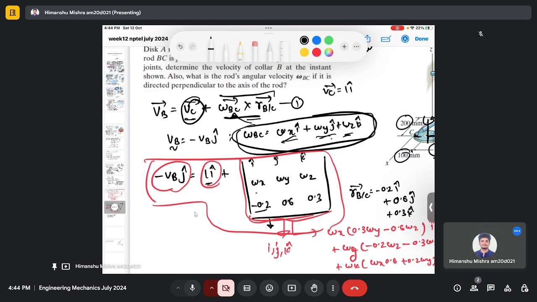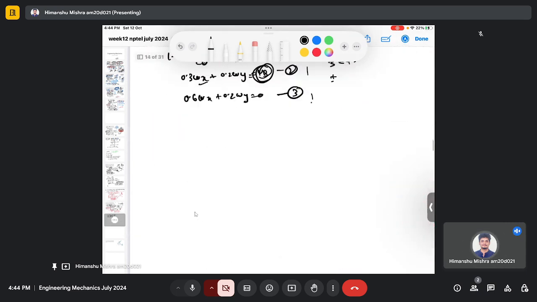So what we can do is use a vector property here. Here you can see that omega BC is having a cross product with R BC, the position vector B with respect to C. So this quantity has a cross product with this quantity, and it is non-zero, right? Which means these two are not parallel to each other, because if they were parallel, then the cross product of these quantities should be zero.